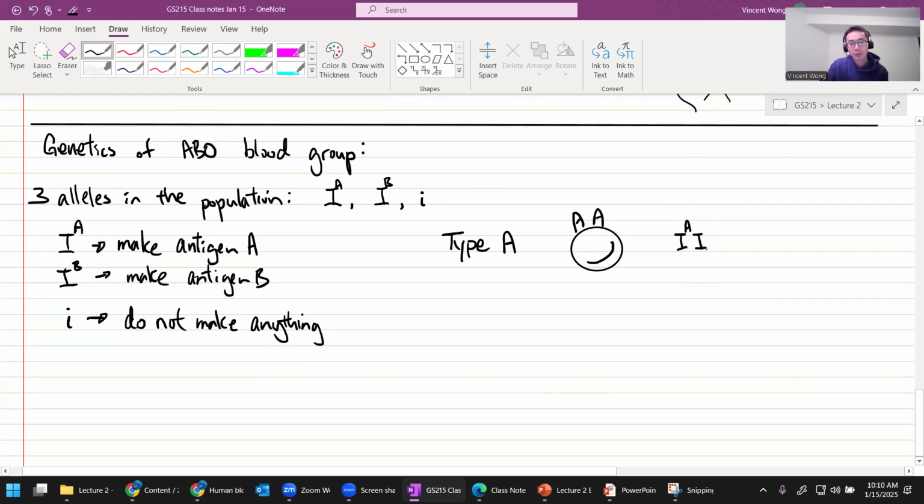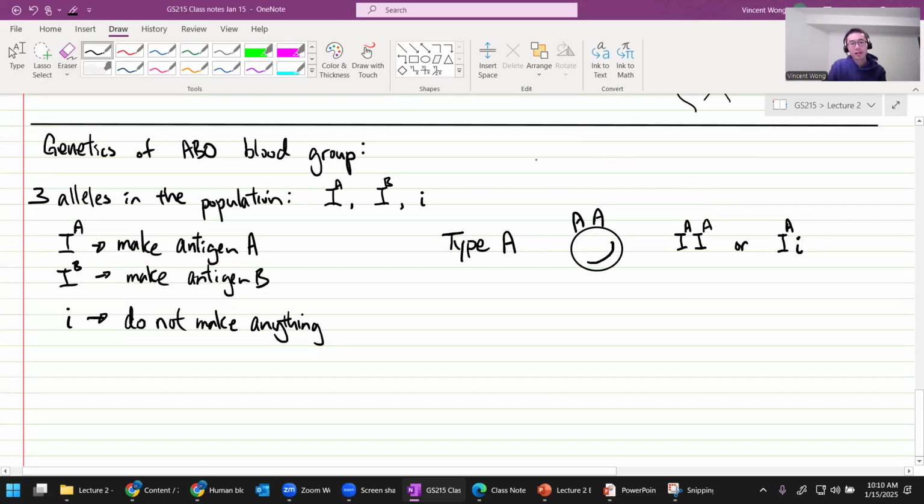So you can either be IA IA or you could be IA little i. Doesn't matter if you have two copies or one copy of the IA, as long as you make antigen A, then you are type A. Remember, little i doesn't make anything. So in this case, it's recessive compared to IA.